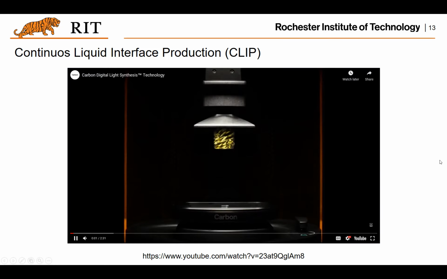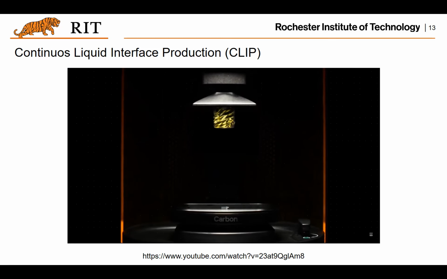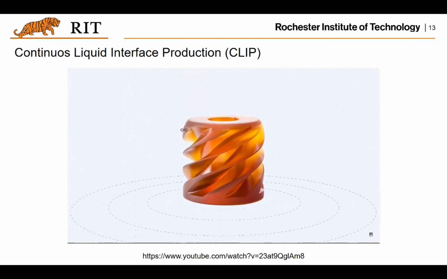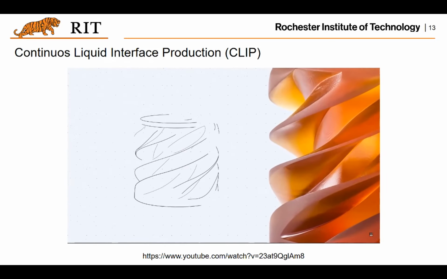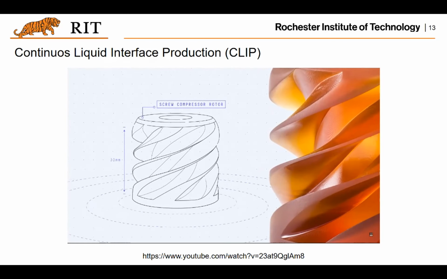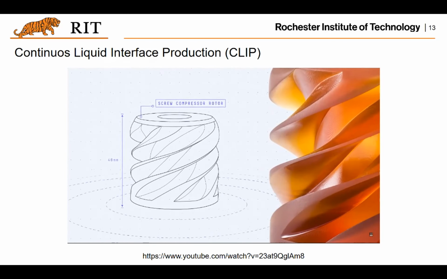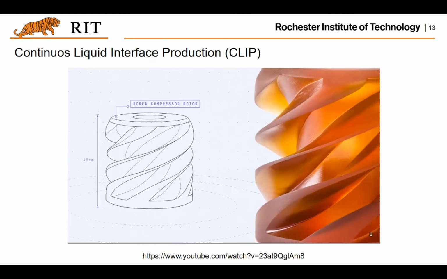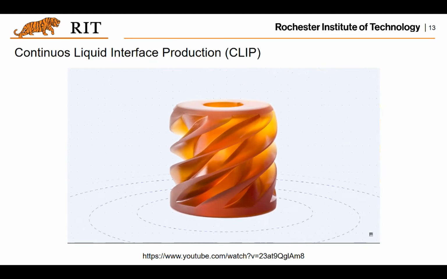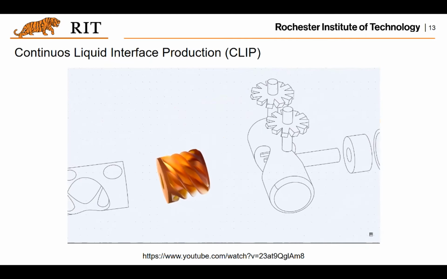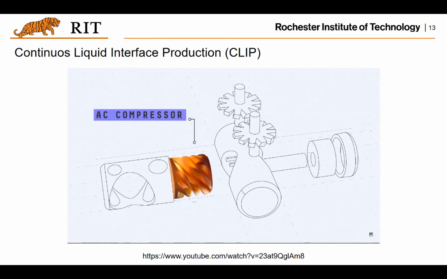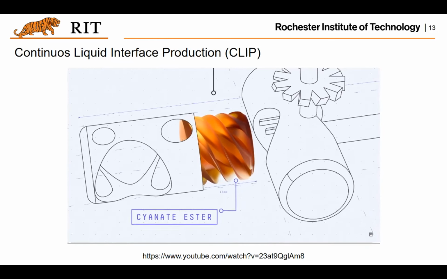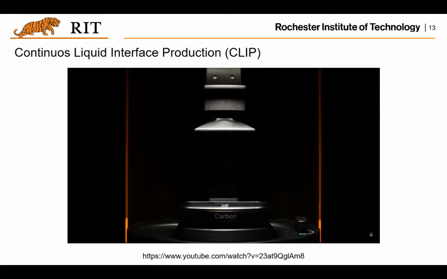Digital light synthesis combines Carbon's CLIP technology and programmable liquid resins to enable end-use parts with exceptional surface finish and unmatched mechanical properties. This screw compressor rotor is at the heart of the company Nativus's groundbreaking air conditioning unit. Advanced, highly efficient compressor designs like this one were previously found only in industrial compressors because the traditional CNC technology needed to fabricate them is expensive. With Carbon, Nativus was able to print the rotor in an advanced material called cyanate ester at a fraction of the cost of the CNC alternative.